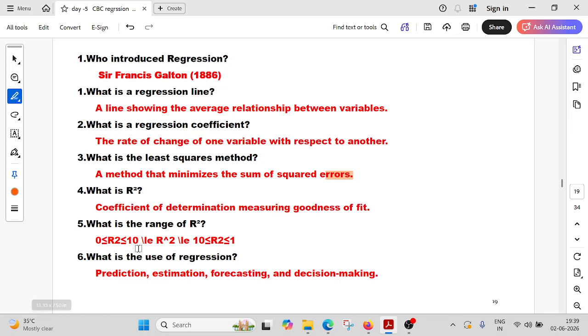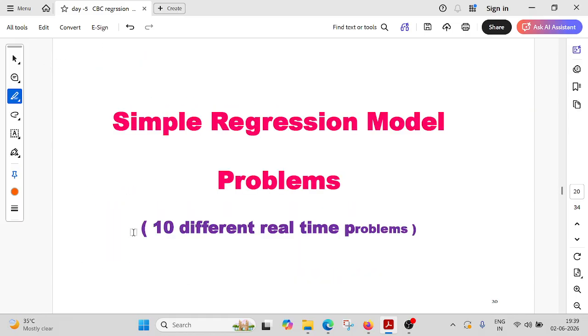That means it starts with 0 and ends with 1. What is the use of the regression? We use it for prediction, estimation, forecasting, and decision making. So this is the recap of the regression we discussed earlier.